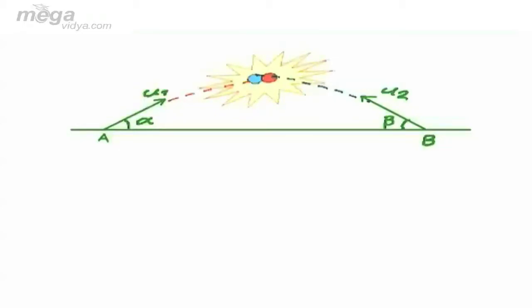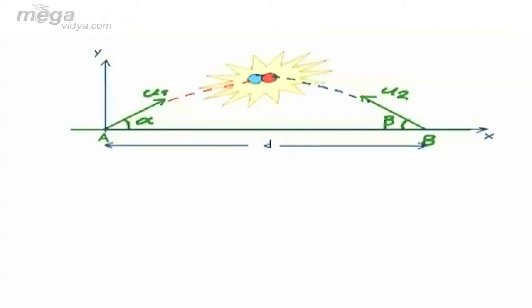For consideration here, I take the y-axis along the vertical, and for observational purposes I take the horizontal direction to be the x direction. Say the distance between the points of projection of the two projectiles is d.